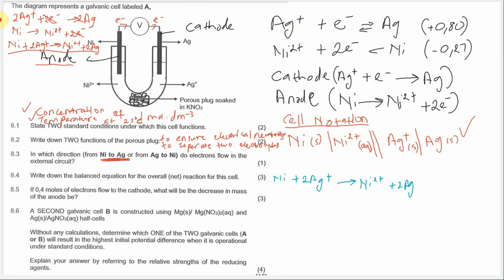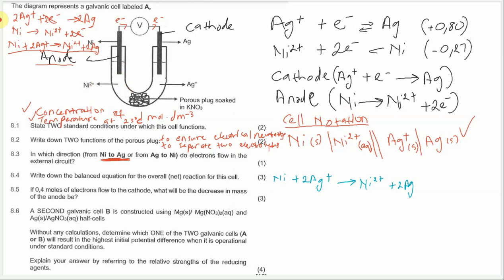So when electrons come here, this will start to be reduced to a metal, and we will see the increase in mass on the right side of the electrode. But on the left side, while this is losing electrons, I will get more concentration of the nickel here, because it's shedding ions each time it loses electrons, so the mass will end up decreasing.